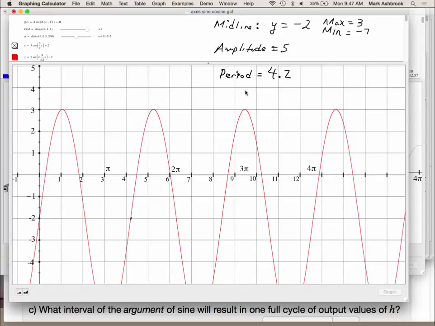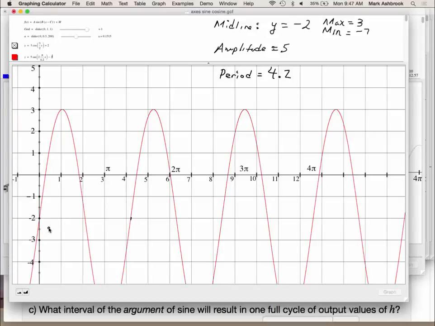Then we have to decide, is it a sine graph or a cosine graph? It starts at the midline and goes up to the max, then back to the midline, down to the min, back to the midline. This is exactly what sine does.